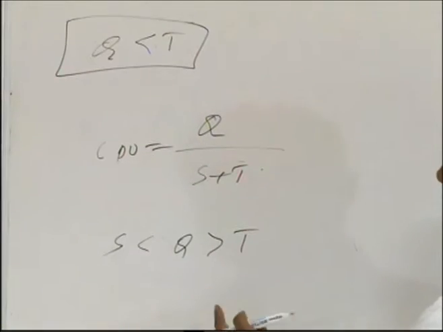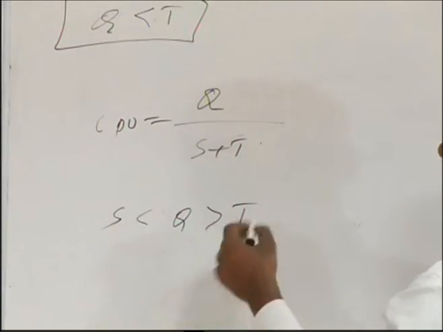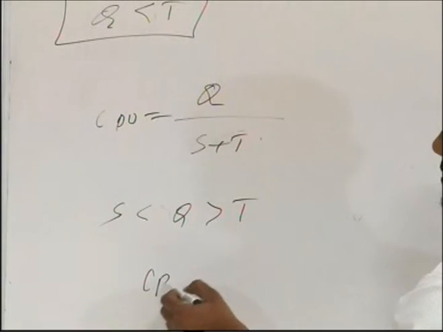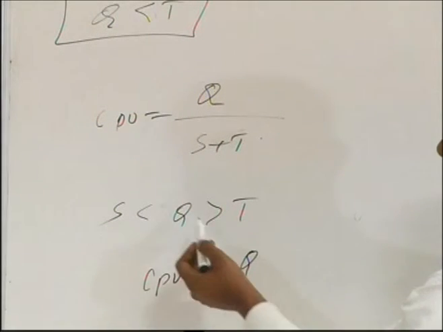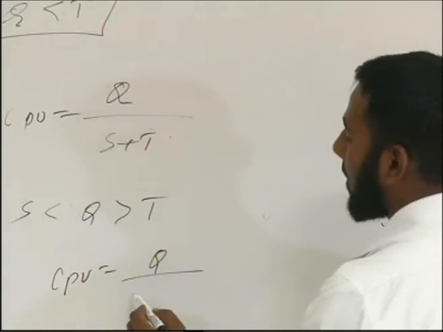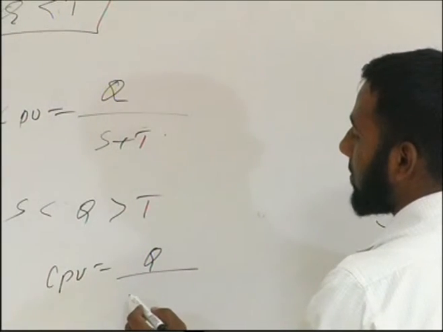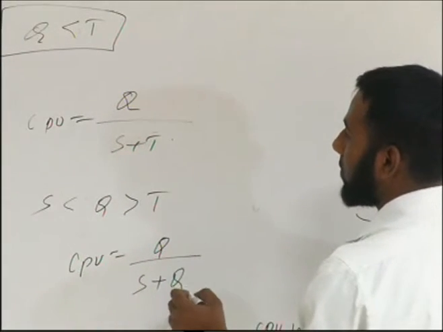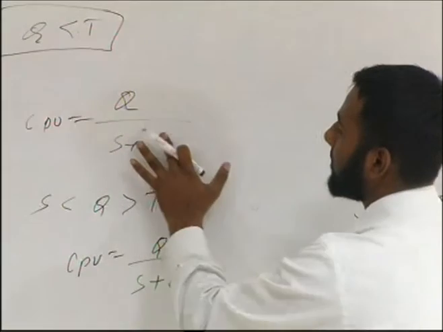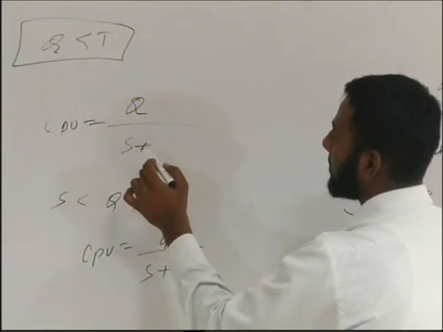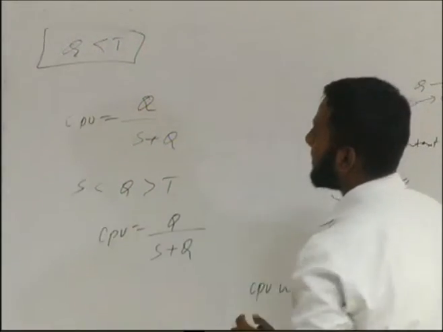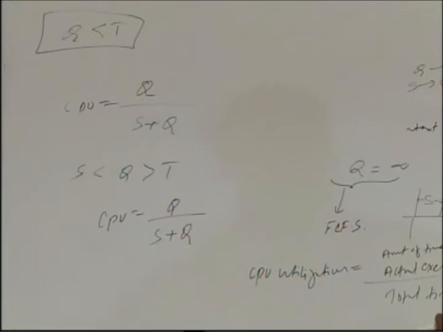Then in this case as well, the CPU utilization will be the actual time spent, which is q, of course, because q is greater than t, divided by the total time, which is the context switch time plus q.